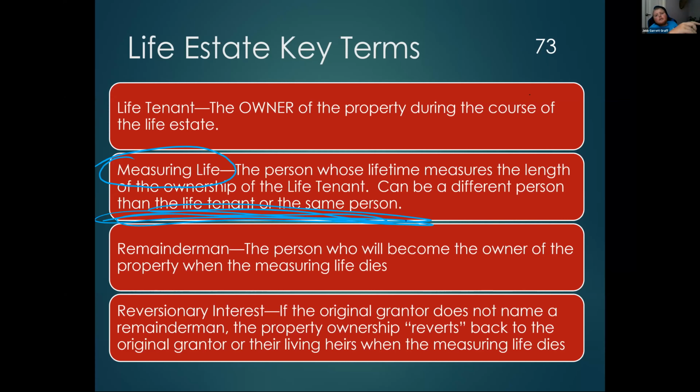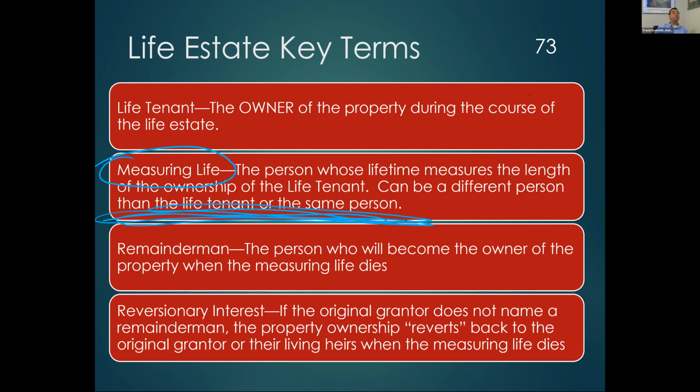All right. So what if the measuring life, because obviously if you buy it, you're making payments on it, what if they don't pay it off before they die, and does whoever the land then goes to have to finish paying it off? The question was, what if there's debt associated with the property, a mortgage note, and it's not completely paid off when the measuring life dies?